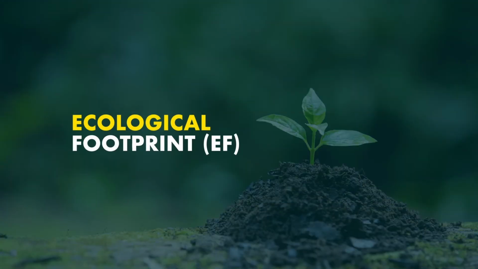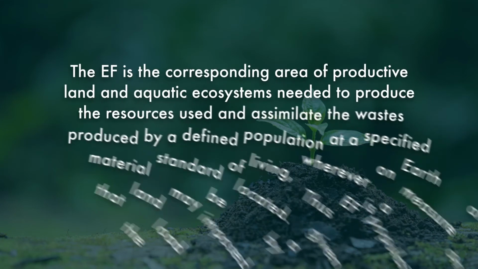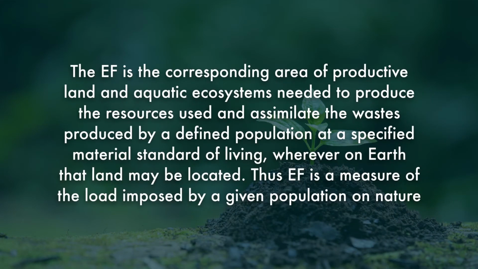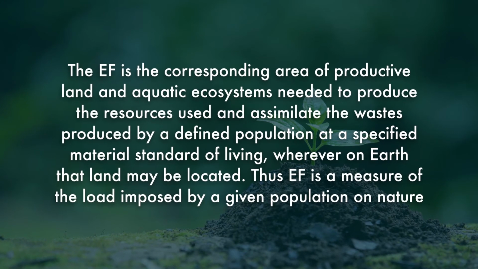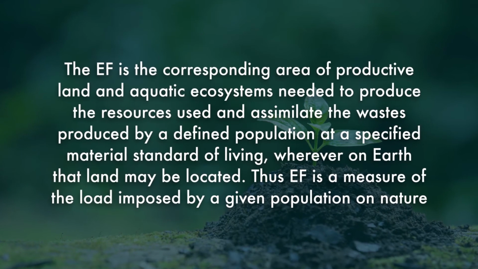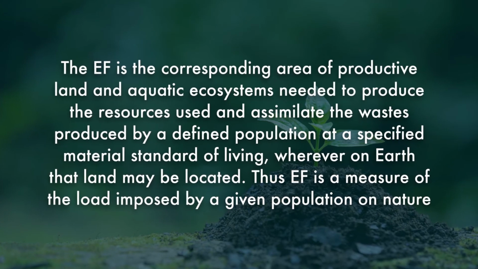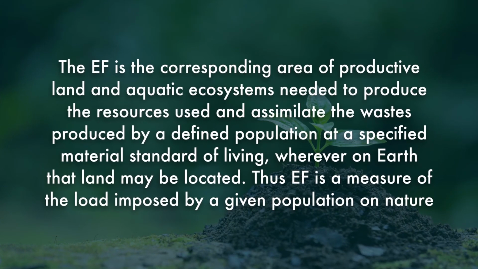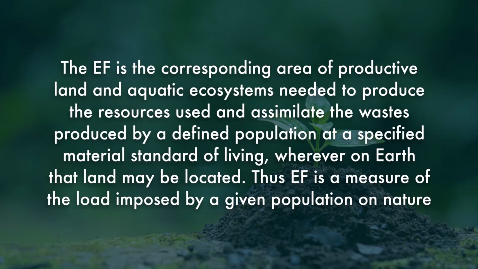Ecological footprint indicator. The ecological footprint is the corresponding area of productive land and aquatic ecosystem needed to produce the resources used and assimilate the waste produced by a defined population at a specified material standard of living, wherever on earth that land may be located.